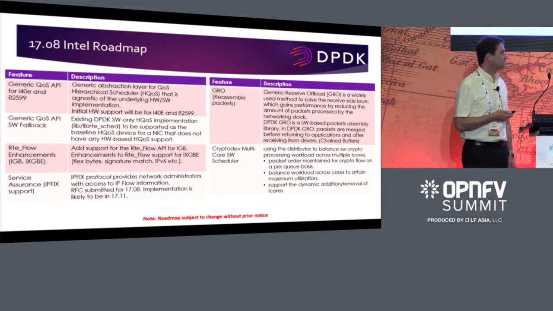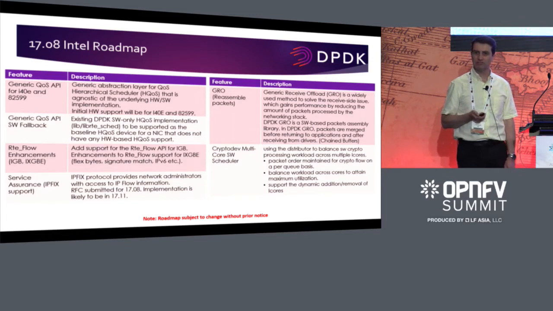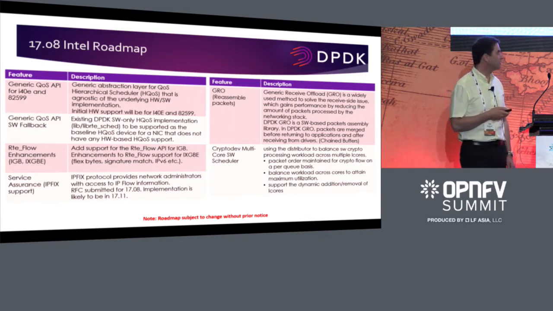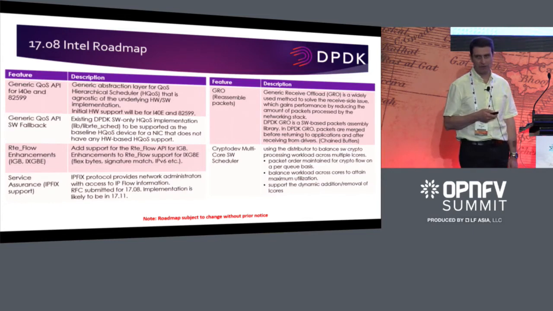So it's unlikely to be implemented in 17.08. The implementation of it is much more likely to be 17.11. But there's been a good discussion on how that should be implemented within DPDK, what the pros and cons of it are. So it looks like we should be on a path to do that in the 17.11 timeframe now.